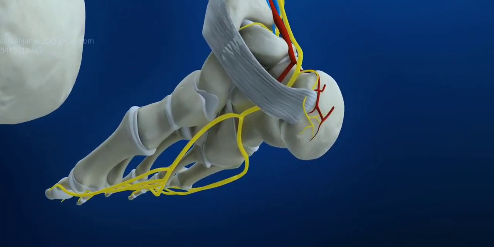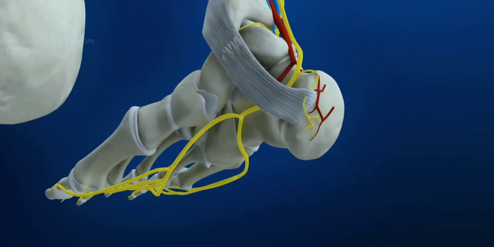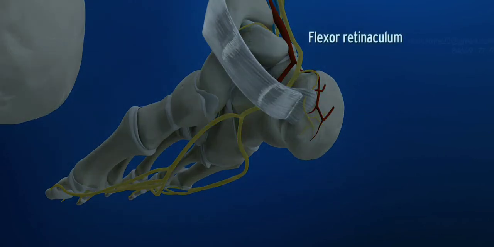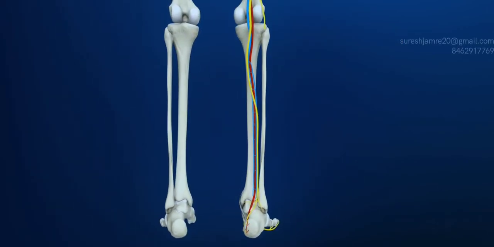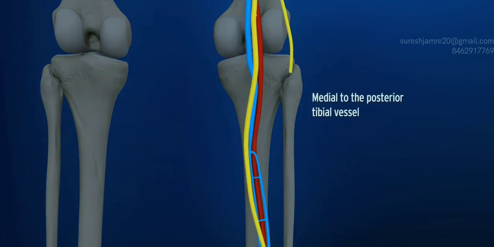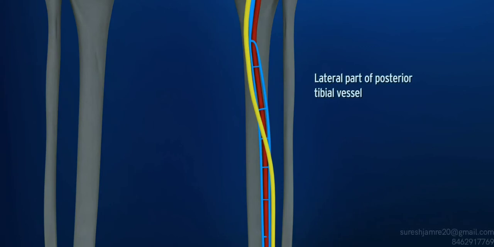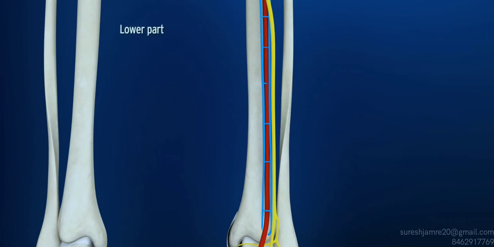It ends by dividing into medial and lateral plantar nerves beneath the flexor retinaculum. The nerve lies medial to the posterior tibial vessels in the upper part of leg. It crosses superficial to the artery from medial to lateral side in the middle of leg and accompanies the lateral part of posterior tibial vessels in the lower part.